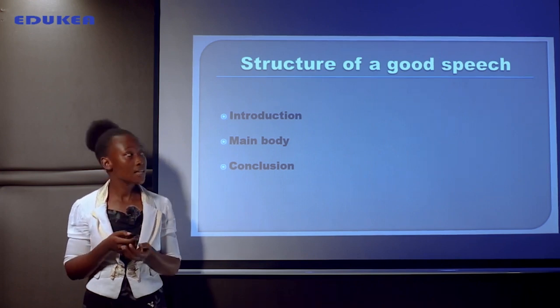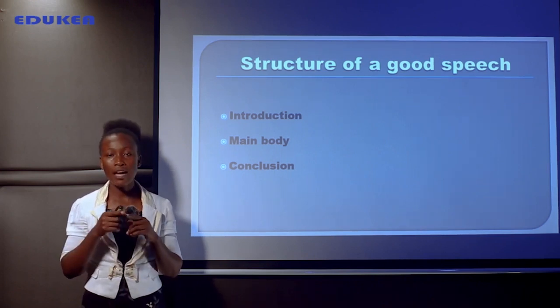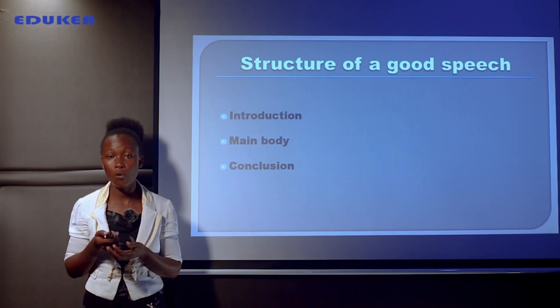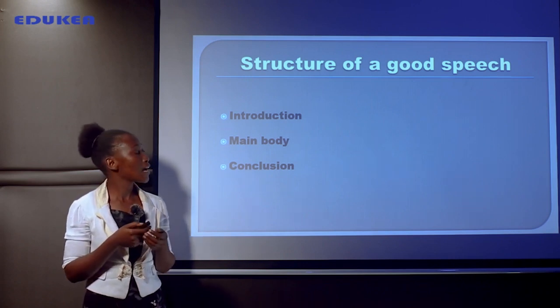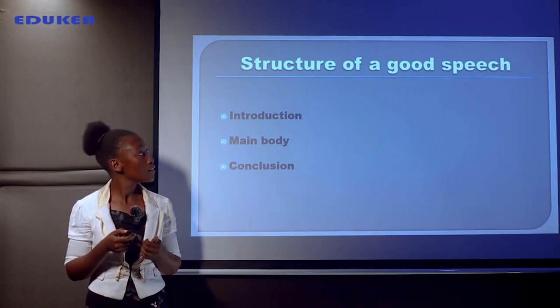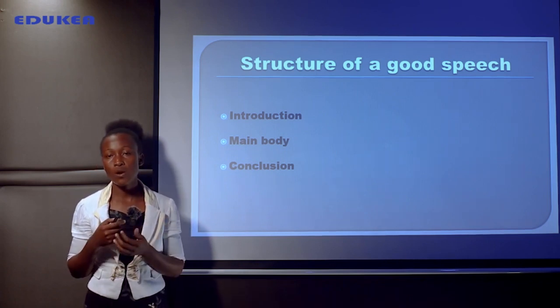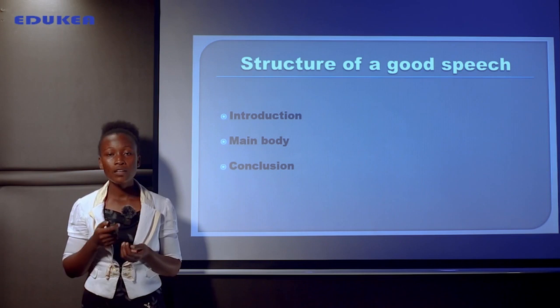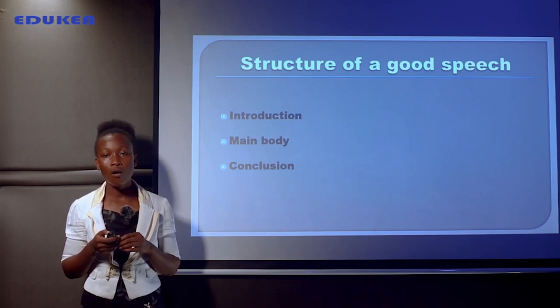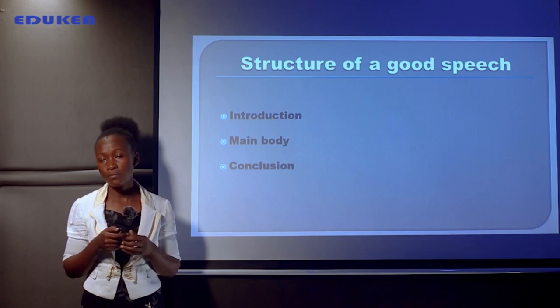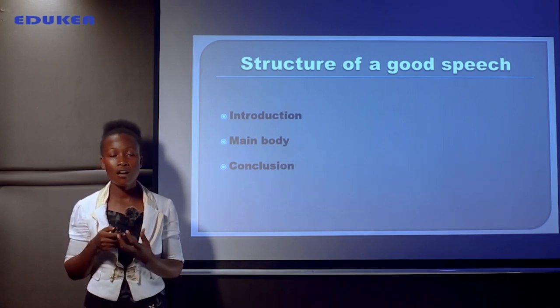Then after that, the presenter draws the attention of all people in that place in order for them to listen to him or her. Another part is the main body. In this part, the speaker starts to mention and explain the theme or main ideas of the speech.